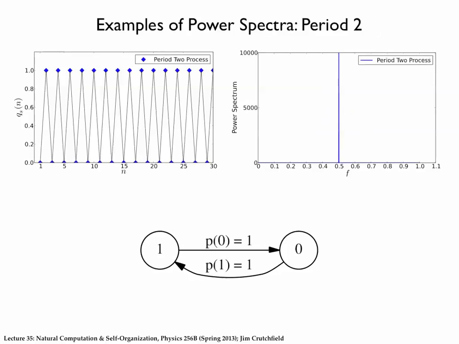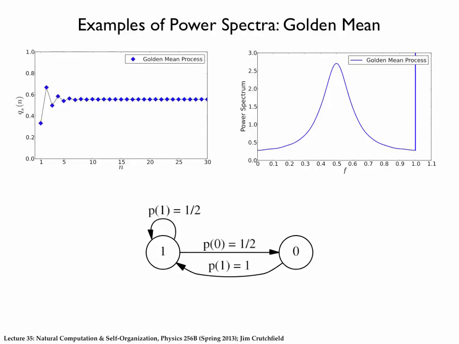Notice that on the previous slides the power spectrum went to 10,000, and that's just because I chose a symbol sequence that was 10,000 in length. If I'd chosen a longer symbol sequence, it would have simply scaled with the length.